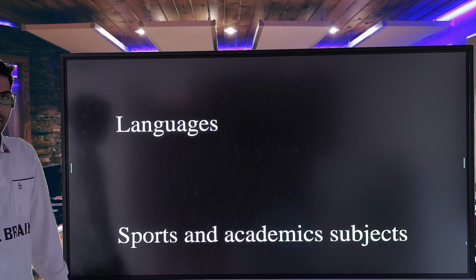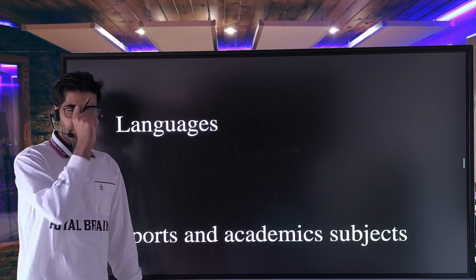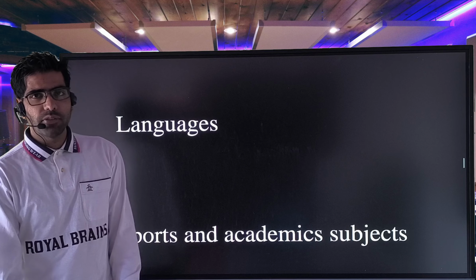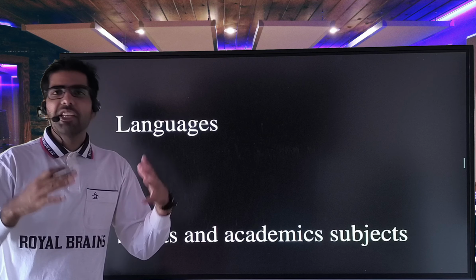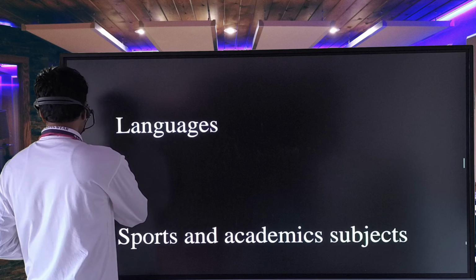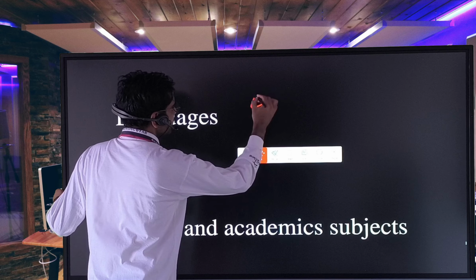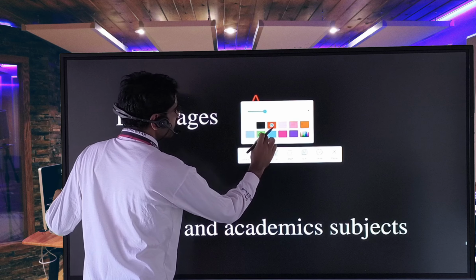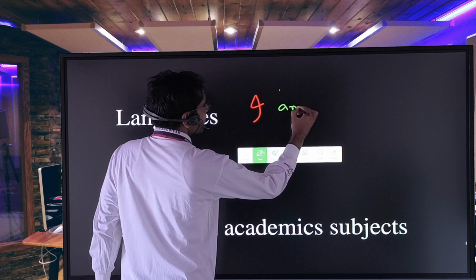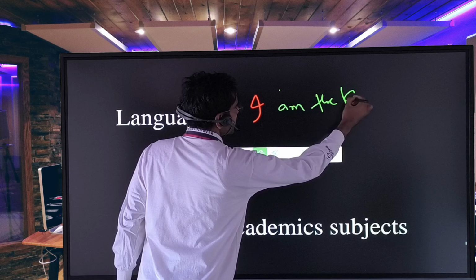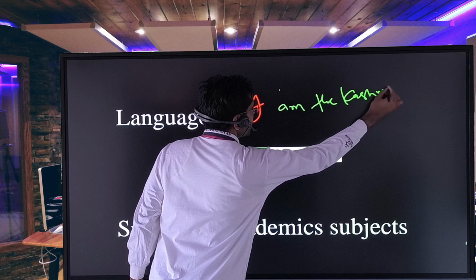Talking of language. For example, recently I have told you, if you talk about nations, for example, I say that I am Kashmiri. I am the Kashmiri. Sir, have you used an article there?